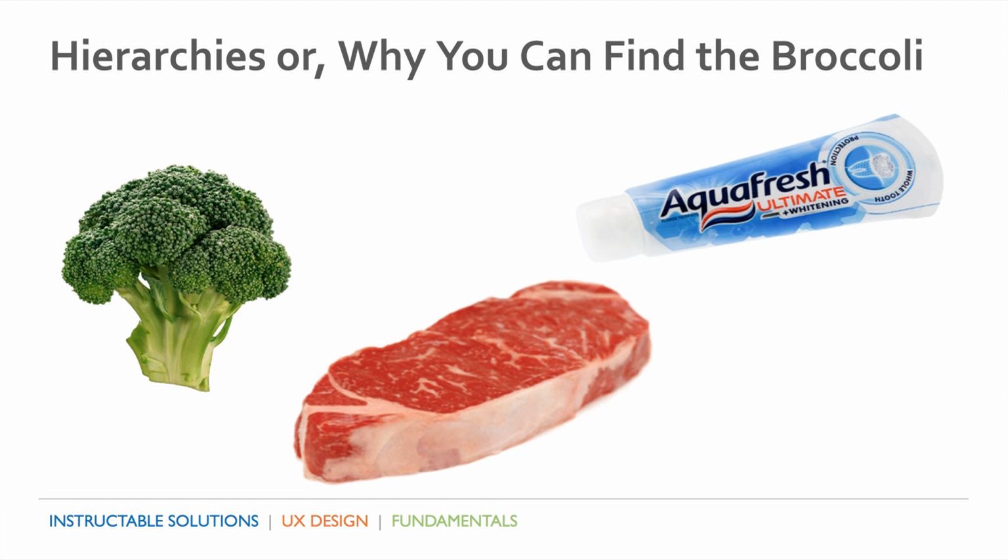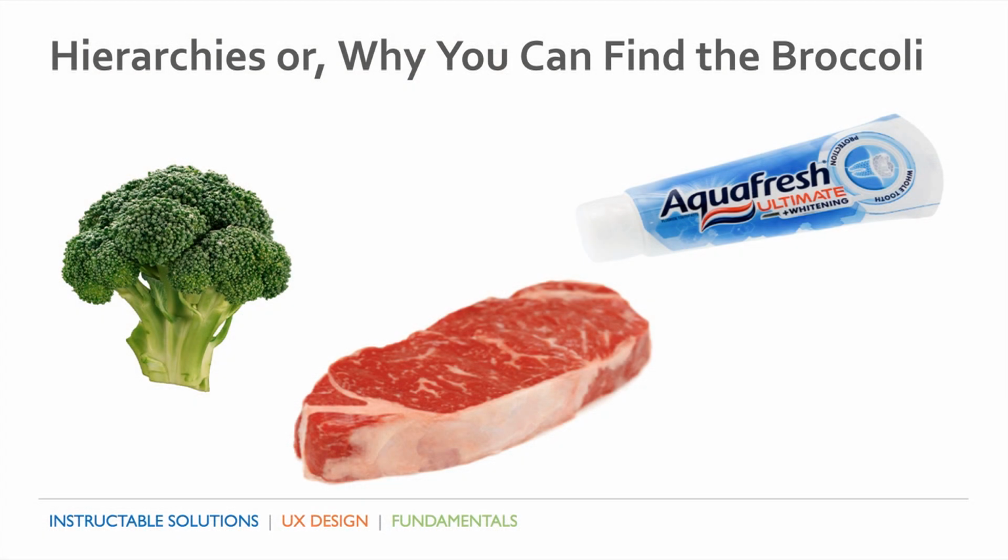But hierarchies go well beyond what we actually see. Hierarchies, facets, attributes, controlled vocabularies, and metadata go all the way back to the supply chain. We can find the broccoli in a grocery store because we know the common convention is to place it in the produce section.